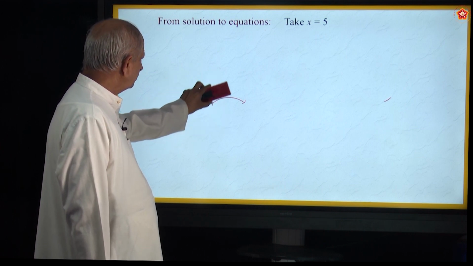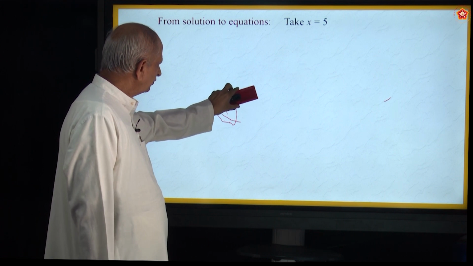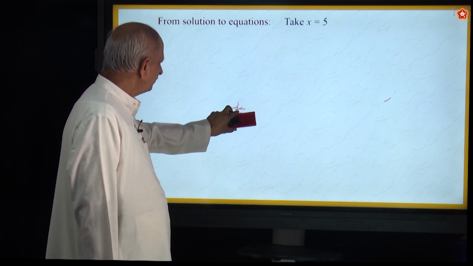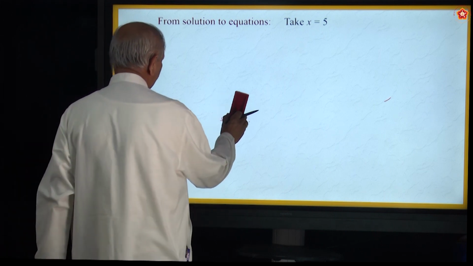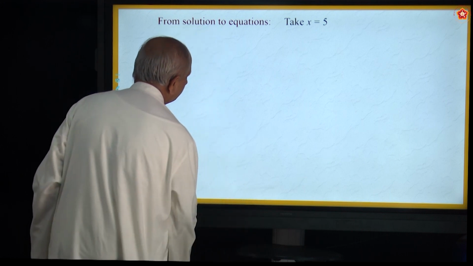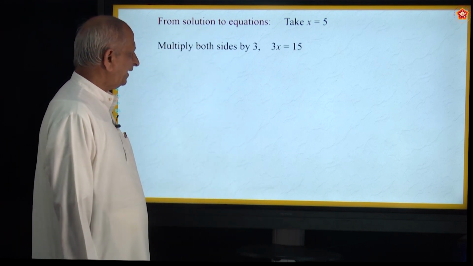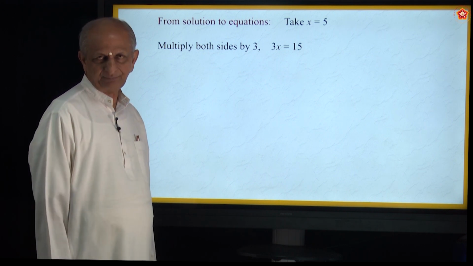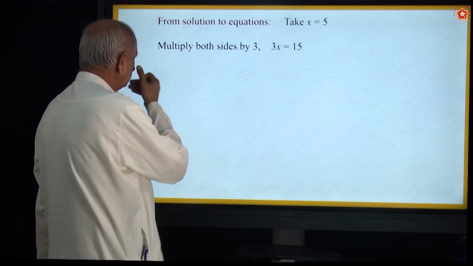Form solution to equations. So you have to form the equation now. You are given that x is equal to 5. Multiply both sides by 3. So 3 into 5, that is 15.